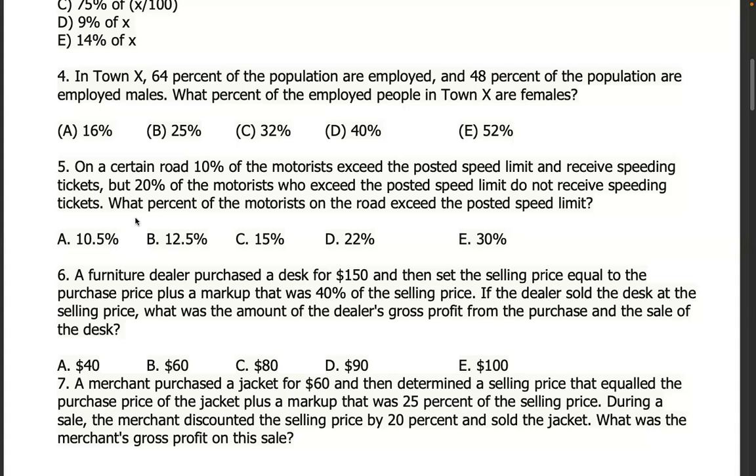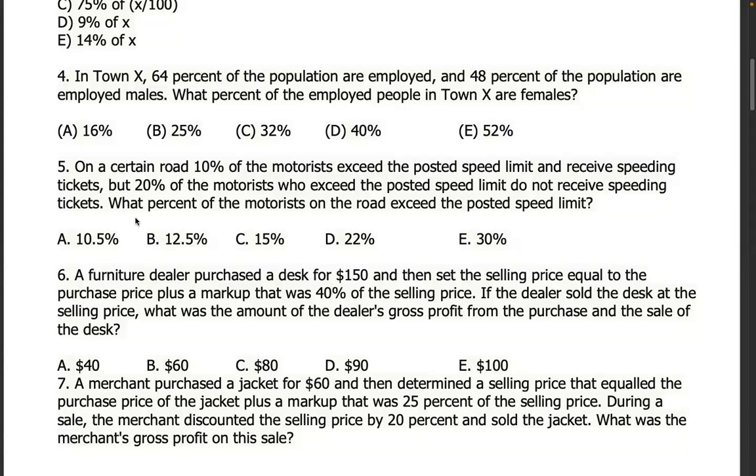X is actually the percentage of motorists on the road who exceed the limit. 20% of X do not receive the speeding ticket. 80% of X receive the speeding ticket, but 80% of X is equal to 10% of total motorists.